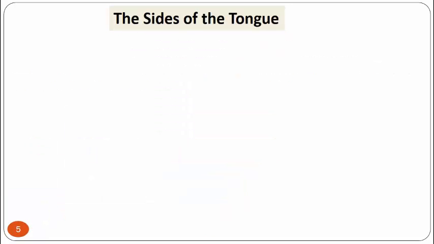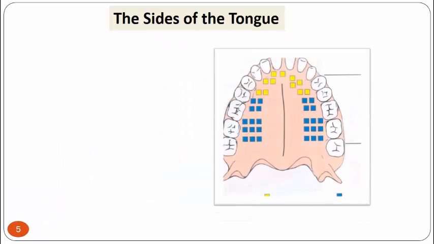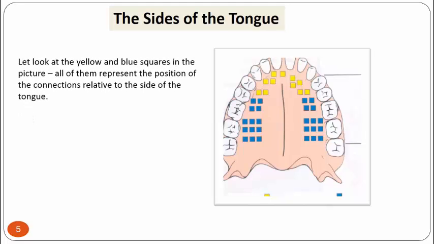Continuing with the sides of the tongue, we have the palate, the upper palate. Now, why we're bringing this is because there's a connection between the tongue and the palate in pronouncing these 2 letters, inshallah. Let us look at the yellow and blue squares in the picture. All of them represent the position of the connections relative to the side of the tongue.